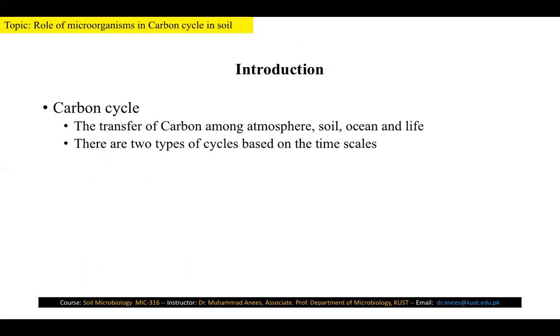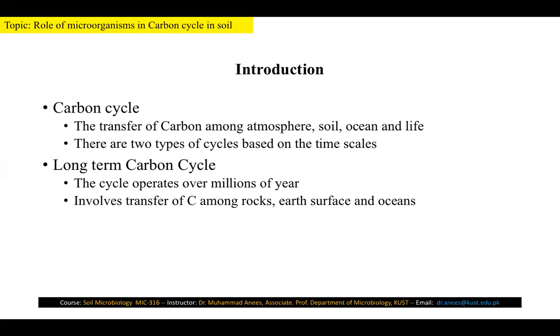Starting with the introduction, the carbon cycle, as you know, is the transfer of carbon among atmosphere, soil, ocean, and life. There are basically two types of cycles based on the time scale. One is the long-term carbon cycle.